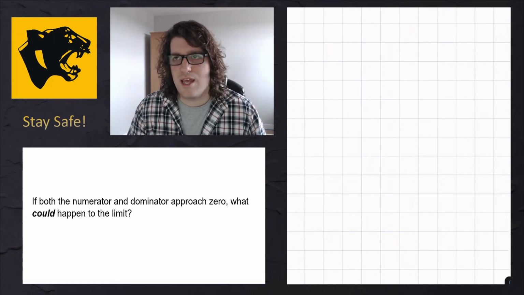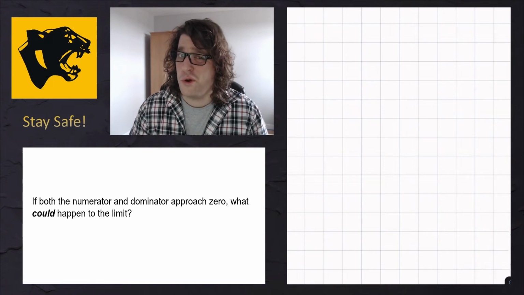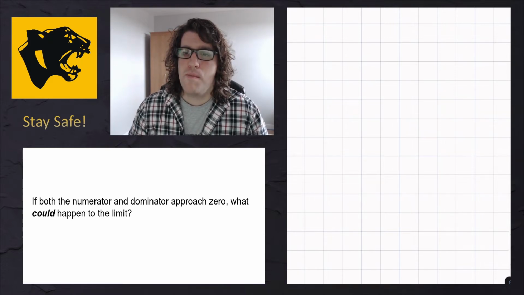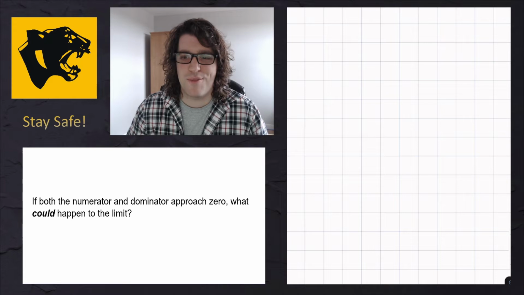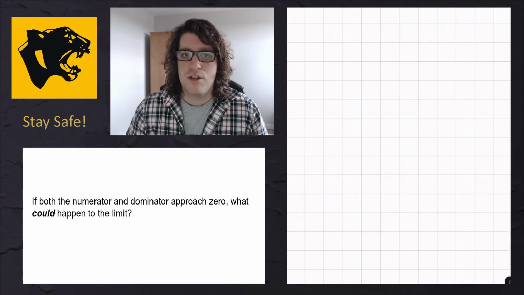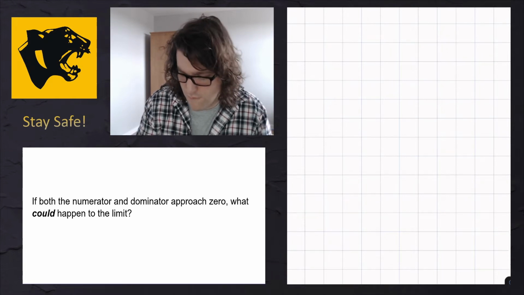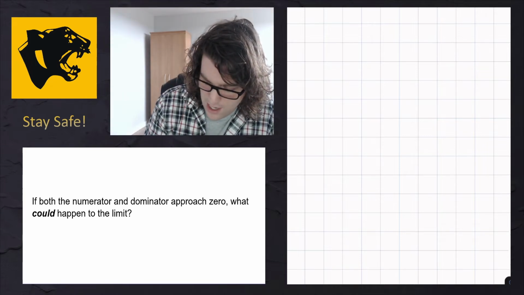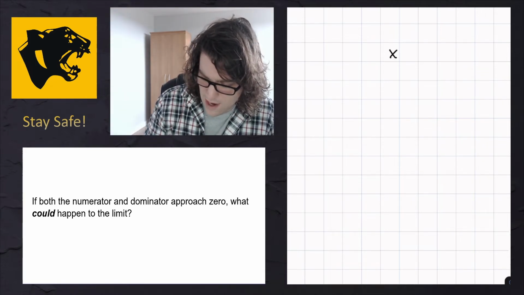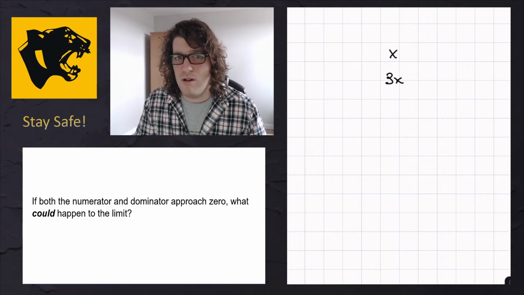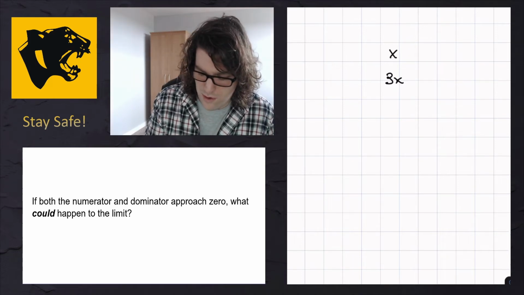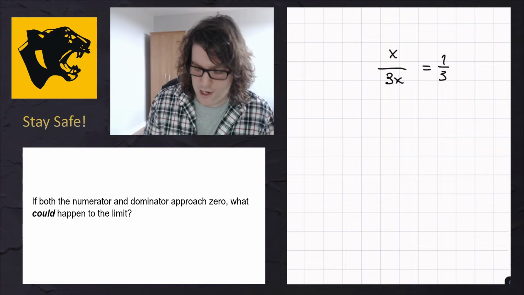So I'm going to turn the question a little bit on its head. What we were just saying is that any value could happen, but what really makes the difference if both values are approaching, for instance, 0, so something really, really small? If one of them at any given point in time was x and the other one was 3x, they both could be getting very small, but it would always give us a 1/3 ratio.